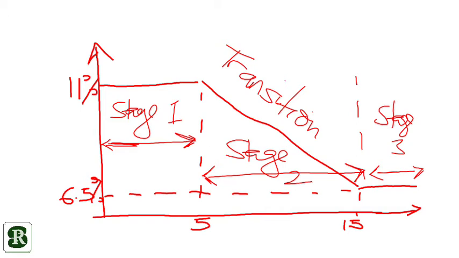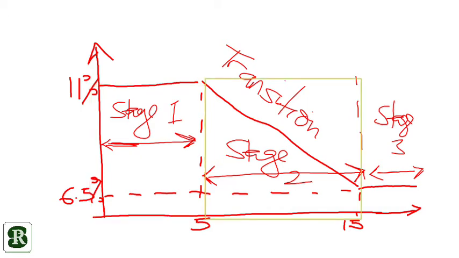So how is this a three-stage model, and how can we solve this particular question? Stage 1, the first 5 years, during which we expect dividend growth to be stable at 11%.